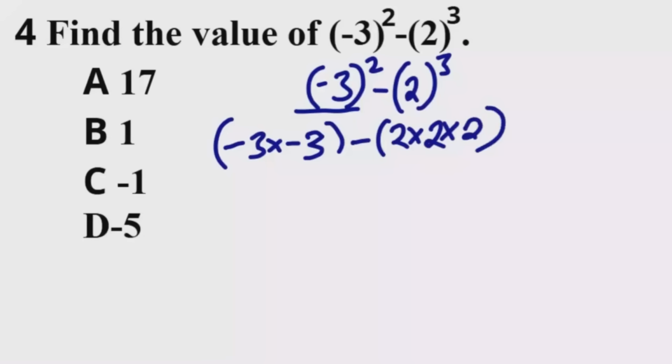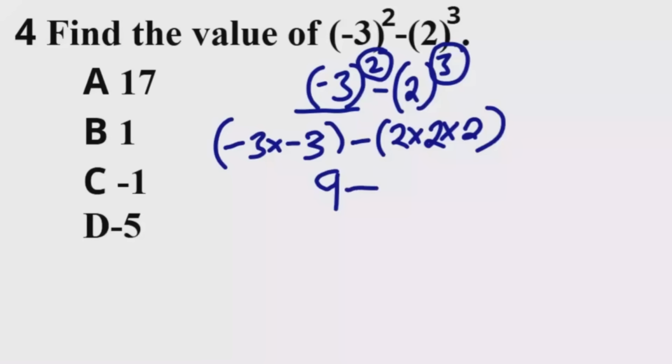So now you can notice that we have multiplied negative 3 twice because it is raised to the power of 2, and we have multiplied 2 thrice because it is raised to the power of 3. Okay, so those exponents are determining the number of times we are multiplying the base.